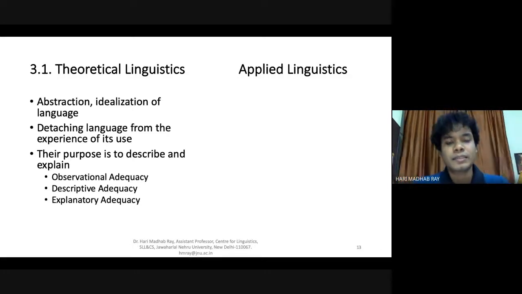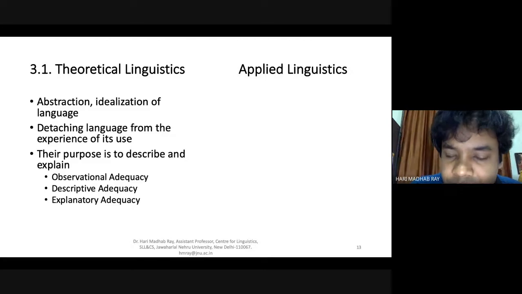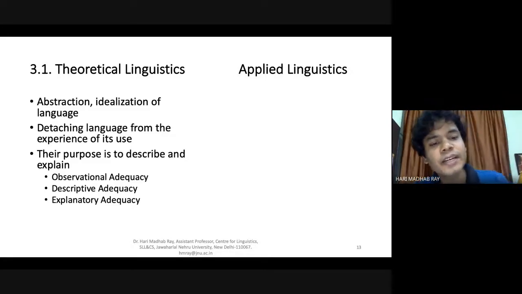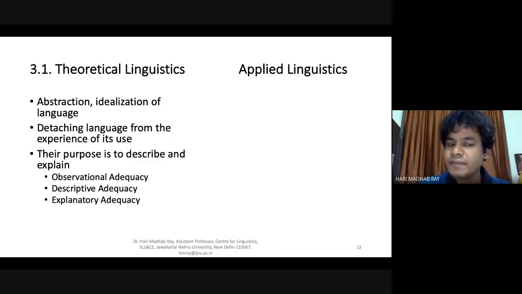So the whole structuralist thought was dominated by observational adequacy and descriptive adequacy. Later on, in the mentalist tradition, or the generative tradition, we saw that Chomsky came one step further: observation and description are not enough.